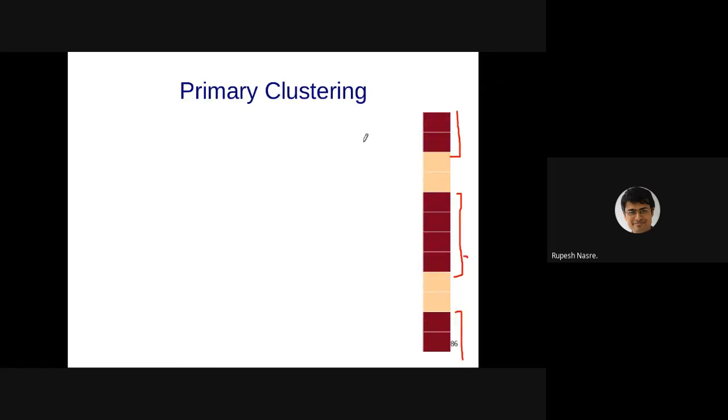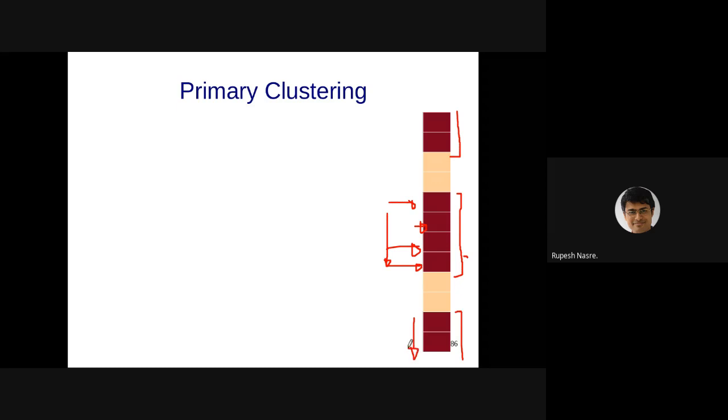It's possible that some element got inserted here and some other element got inserted, maybe here. But because of the conflict, you had to add another element here and some other element here, right? Because of linear probing. And similar things can happen here depending upon the insertion order.